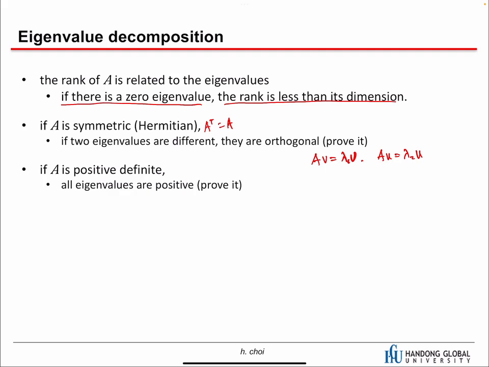Then we can multiply by the same vector on both sides. So we have U transpose A V is lambda 1 U transpose V. And if you look at this part, that is also lambda 2 U transpose V. So lambda 2 U transpose V equals lambda 1 U transpose V. We already know that lambda 2 and lambda 1 are different, so to make this equation valid, this part should be 0.